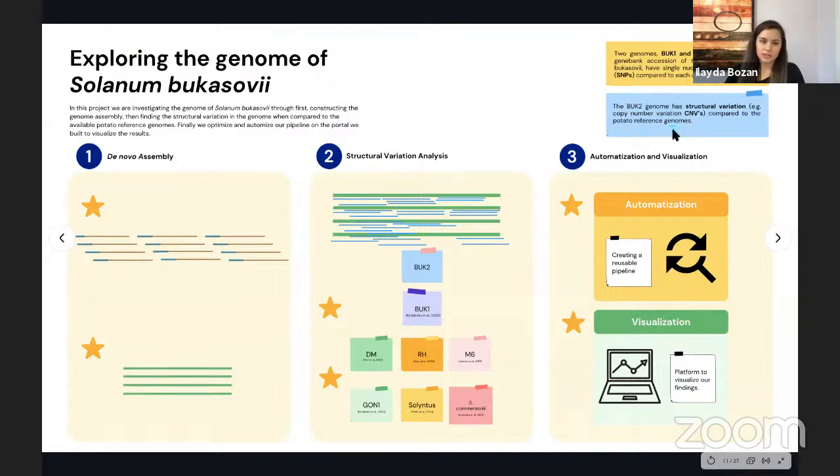To achieve these, our objectives are to first get the reads and de novo assemble bukasovii 2, then use the available sources to do a structural variation analysis against bukasovii 1 and the other available reference genomes, and then automate this pipeline in the portal that we create and visualize our results.